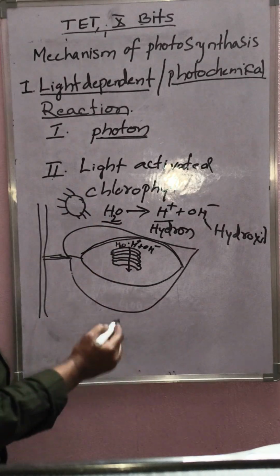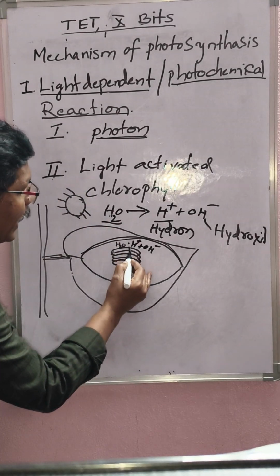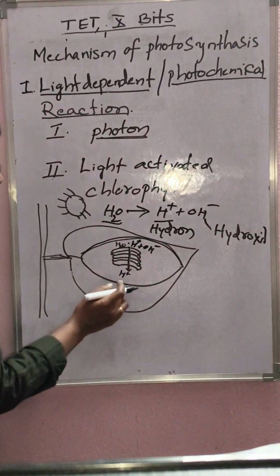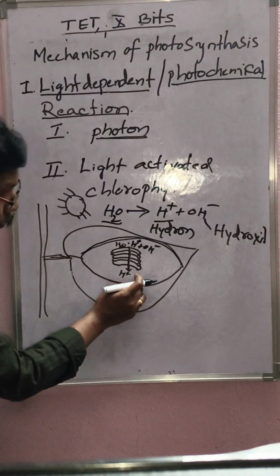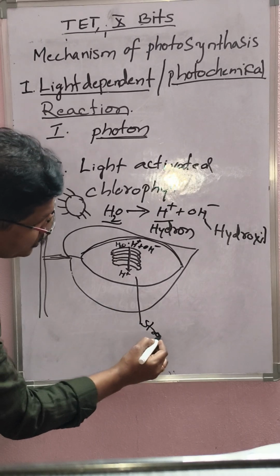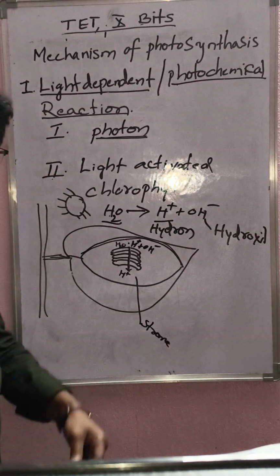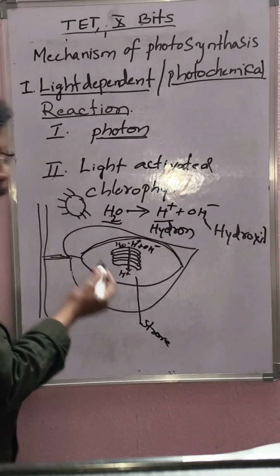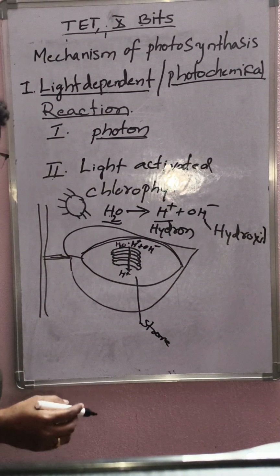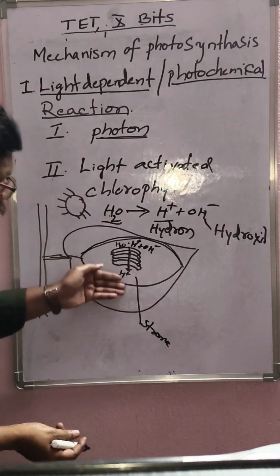As a result, H plus moves across and enters the empty place of the chloroplast. What is that? Stroma. The empty place of the chloroplast is the stroma. From one side to the other side, the hydrogen drops.